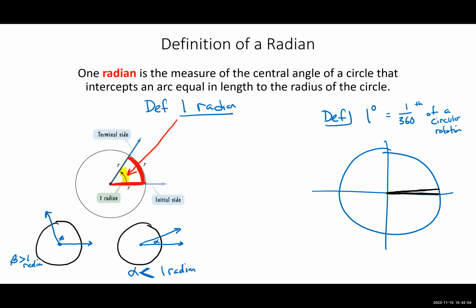Right, so you think about that terminal side rotating. When the terminal side rotates enough so that the arc is exactly the same as the radius, we call that 1 radian. So a full circle in degrees is 360 degrees.